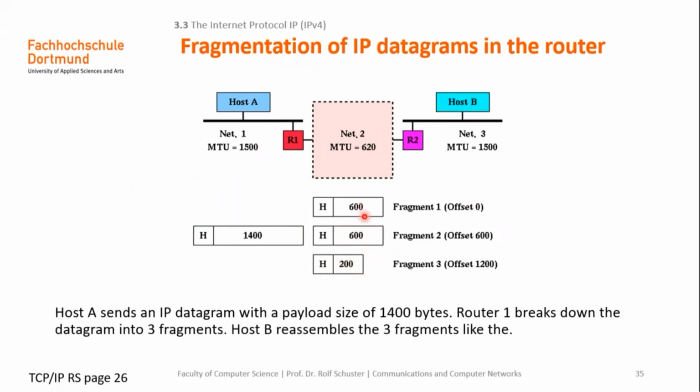That is, in that way, we have a total of 1,400 bytes of payload. And in that case, the offset of the last fragment is 1,200. That is the position of the first octet of this payload in this datagram.